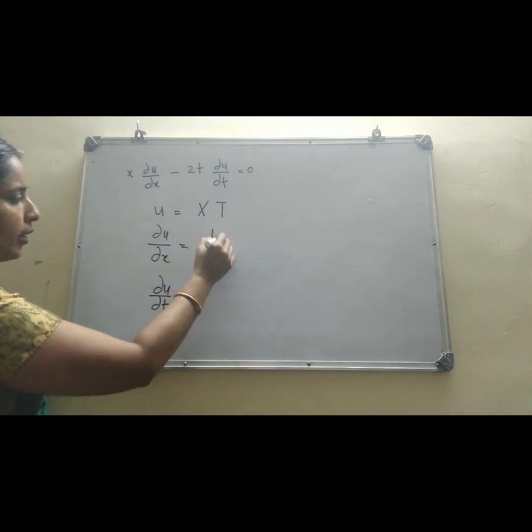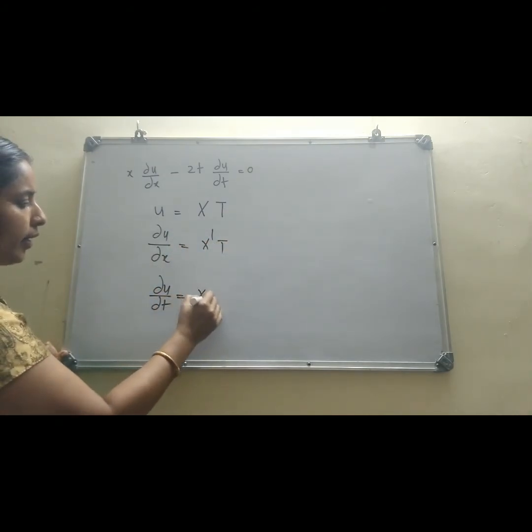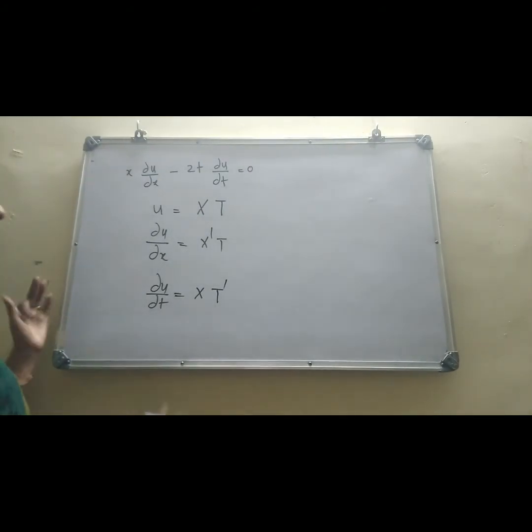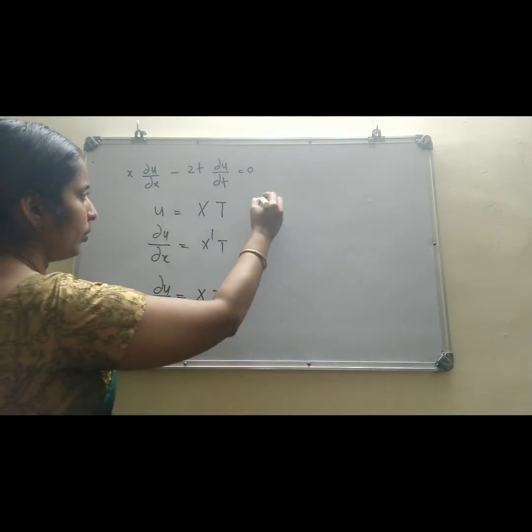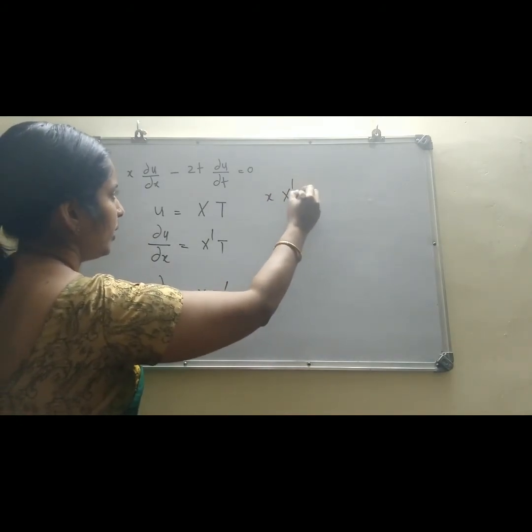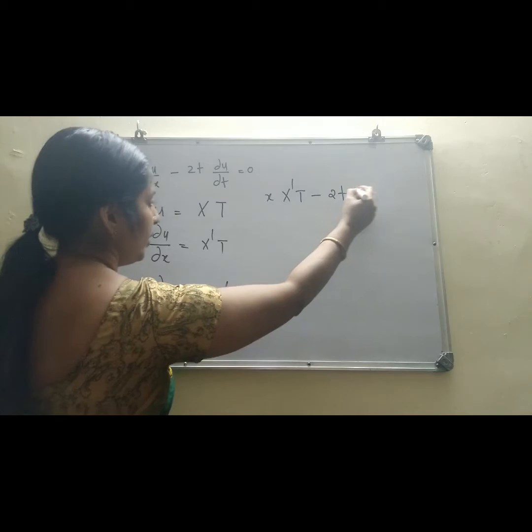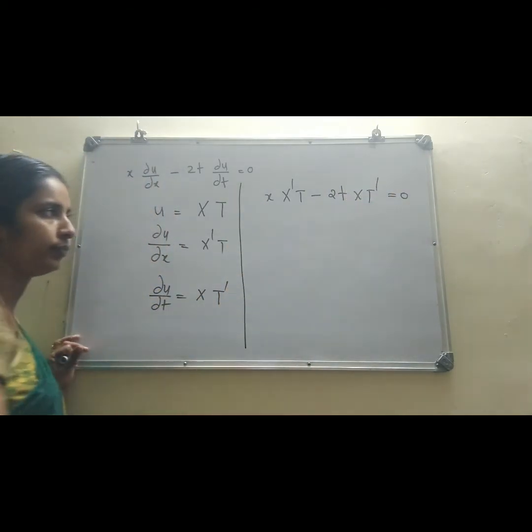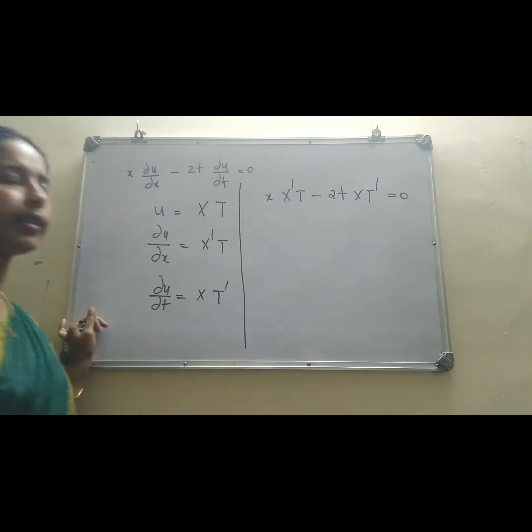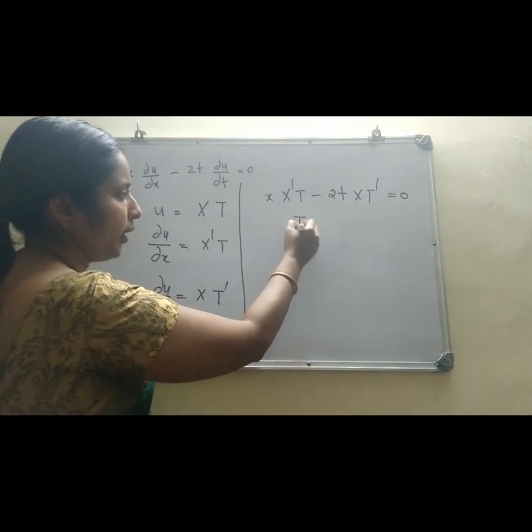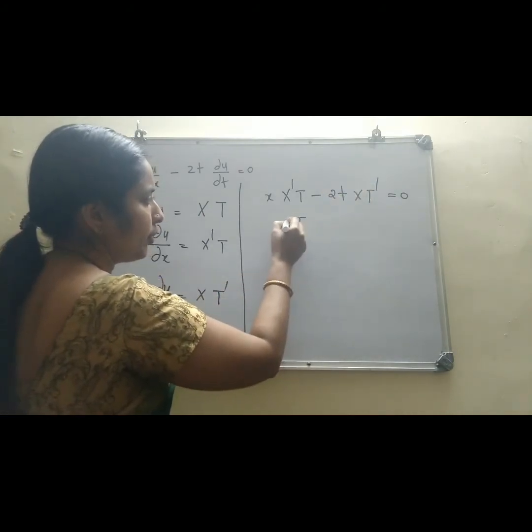See, it is X' T and it is X T'. Next, substitute these in the given partial differential equation. So you can see x into X' T minus 2t X T' equal to 0. Next, separate the variables. So from this you have to remove t and from this term you have to remove x.